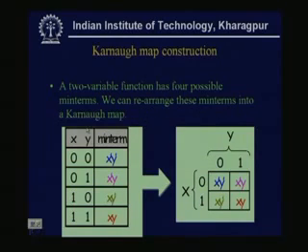These are all possible combinations, or we can say this is a rearranging of the truth table, 0 0, 0 1, 1 0, 1 1, and that particular minterm will be 1 for these inputs if the function is such.